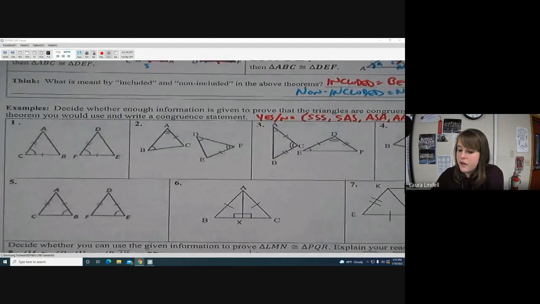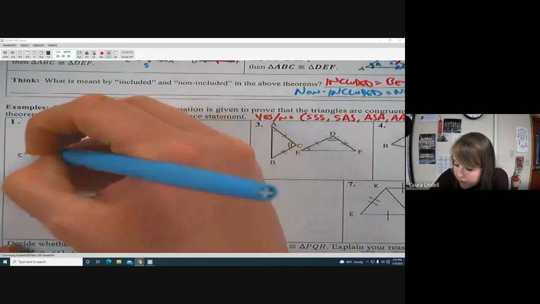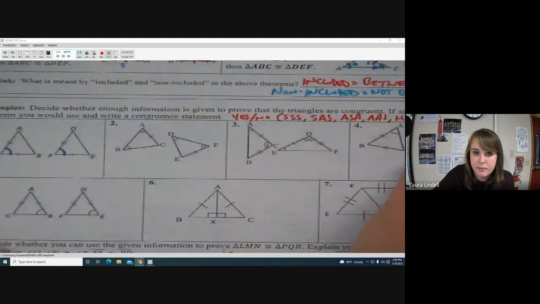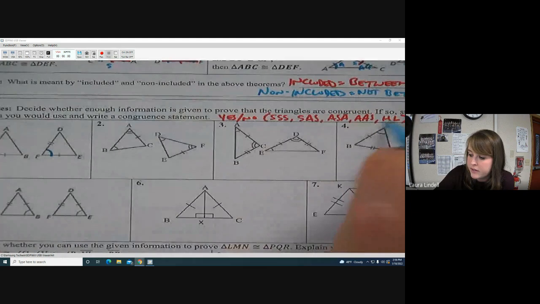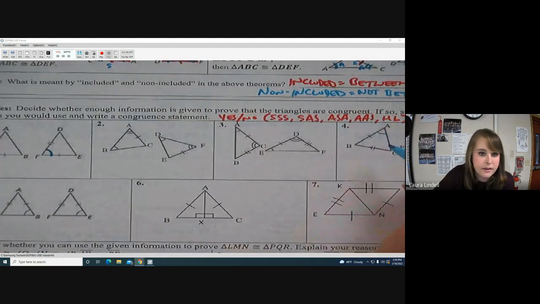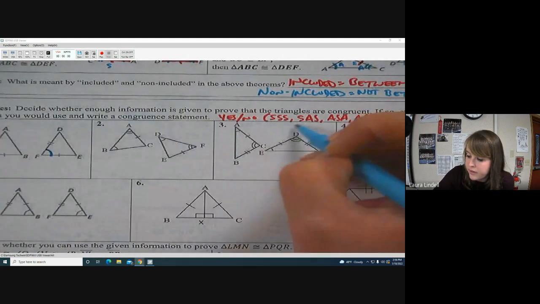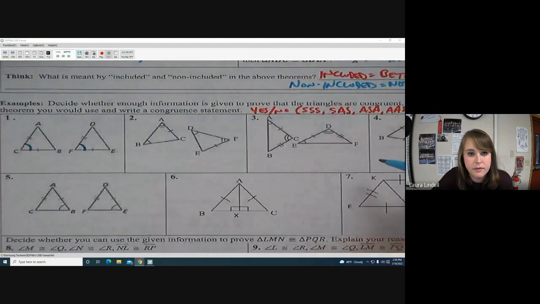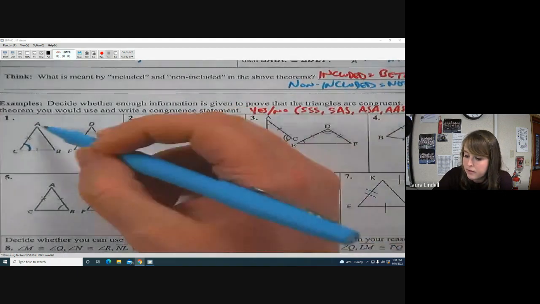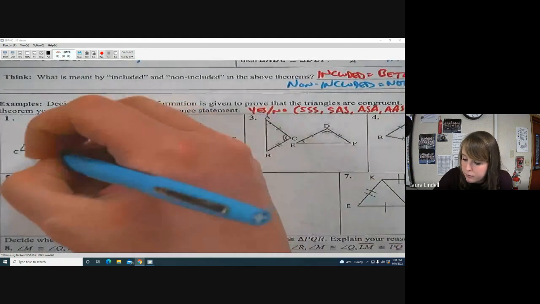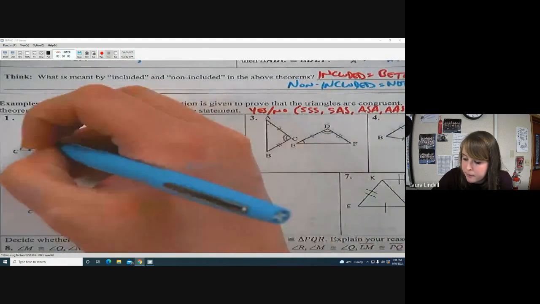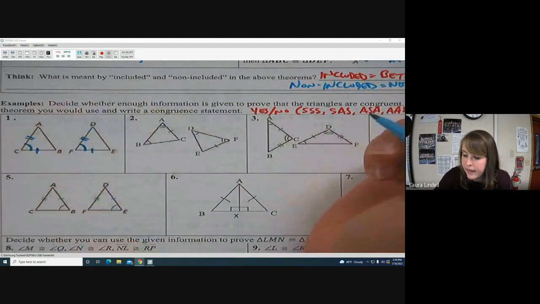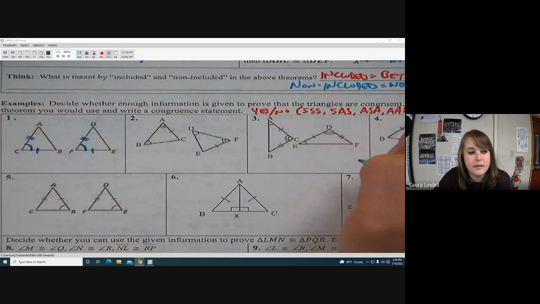On this one, we might notice that we have 1 pair of angles, and they're not right angles. So that automatically gets rid of all 3 of these, HL, AAS, and ASA. Now we're just looking at these 2, either SSS or SAS, since we only have 1 pair of angles. Looking here, we've got 1 pair of sides, 2 pairs of sides, but not 3 pairs of sides. So the only real candidate is SAS.